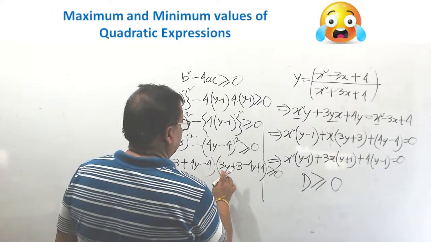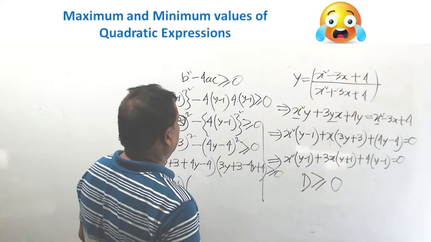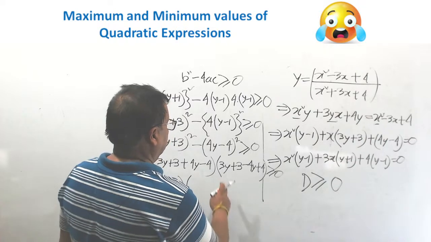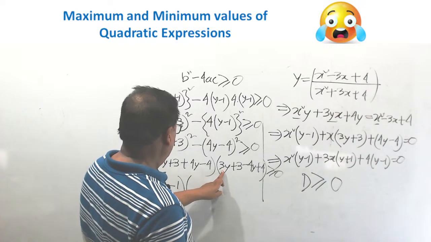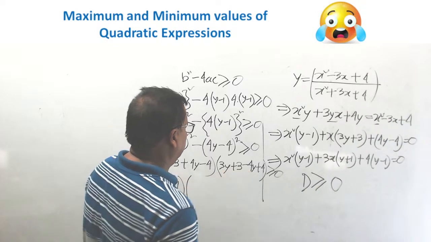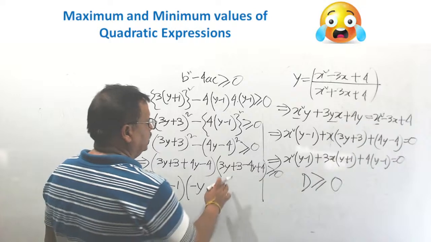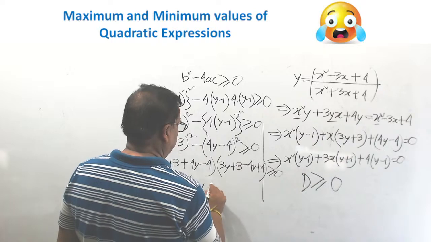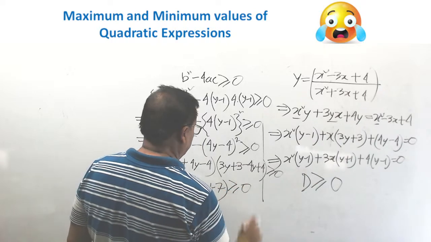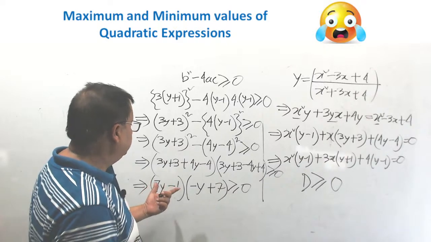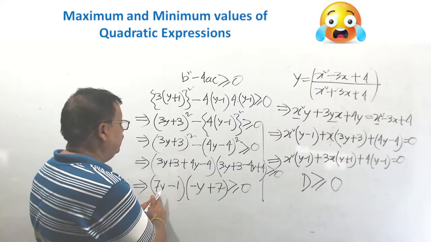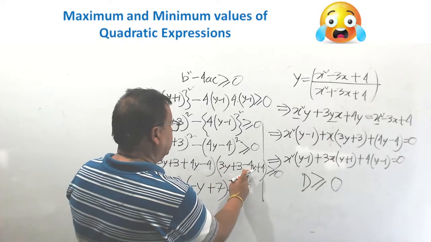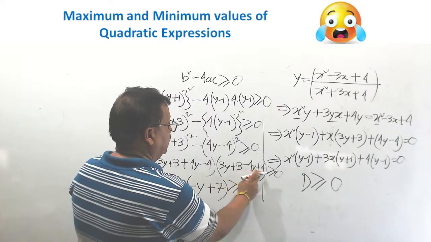Into, 3y minus 4y that means minus y, and 4 plus 3 is 7, greater or equal to 0. Understood or not? Carefully you have to do. Check again: 3y plus 4y is 7y, 3 minus 4 is minus 1, 3y minus 4y is minus y, 3 plus 4 is 7.